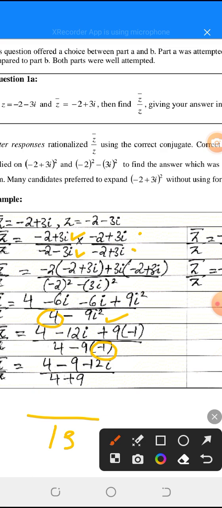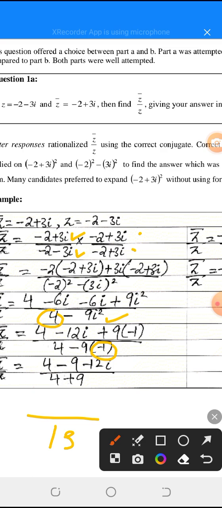Now moving back towards the numerator. In the numerator, both the brackets are the same: -2 + 3 iota, -2 + 3 iota. You can simply multiply or you can apply (a + b) whole square, and you will get the same numerator.